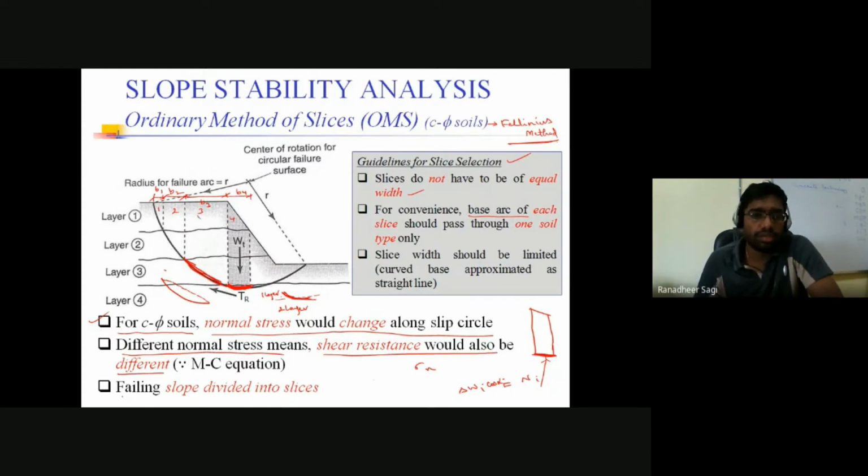That's the reason why we divide the slope of that particular region which is trying to undergo failure into a number of slices, so that for that particular slice at the base of the arc, we can find how much normal stress is developed. For another slice, how much is the normal stress? Likewise, we can go on to calculate.